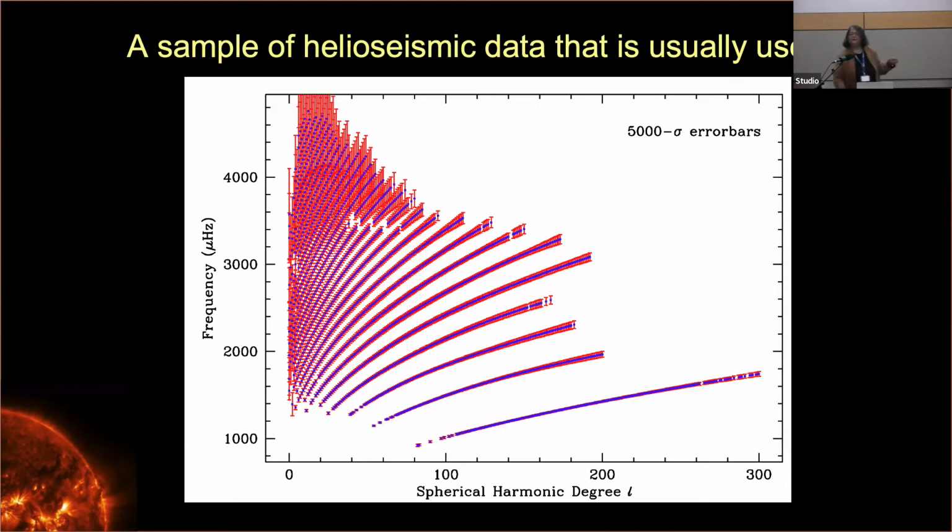So how do we use helioseismic data? Now, normally in astrophysics, we get data. What we do, we make a model, determine the observables from the model, and then look how well the observables match. So in this case, it would be making a solar model, calculating its frequencies, and looking at the frequency differences between the sun and the model.